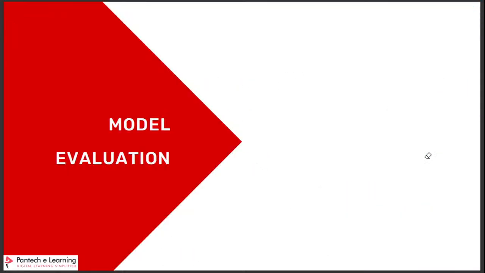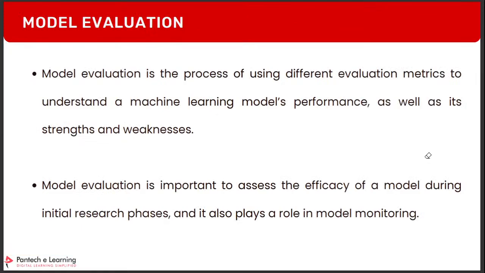Talking about the last point, which is model evaluation. Once again, if you know about all these algorithms, for your particular data you can use hyperparameters to optimize it, and every time you can use model evaluation to evaluate it. Model evaluation is the process of using different evaluation metrics to understand a model's performance, its strengths and weaknesses.